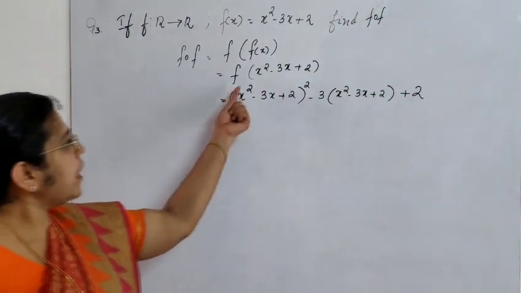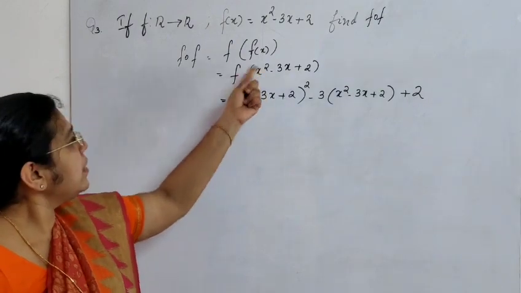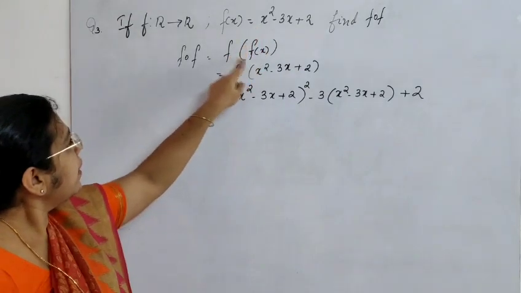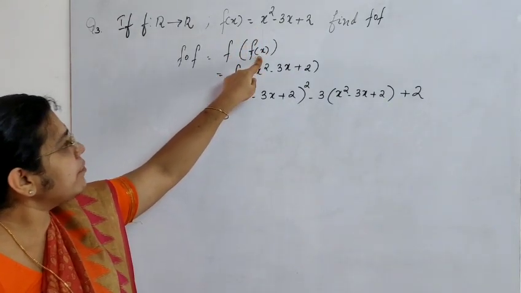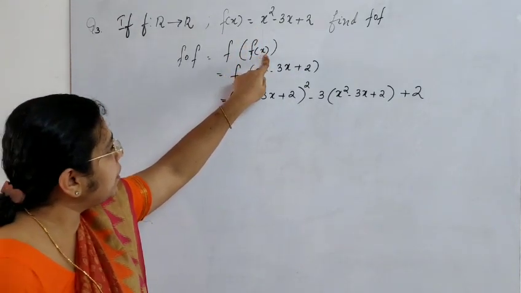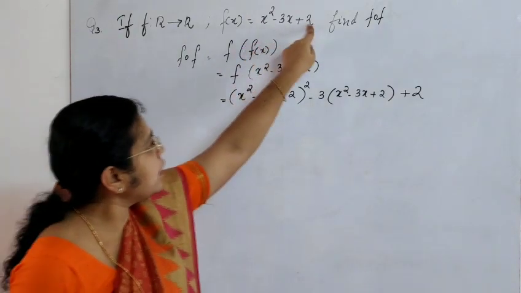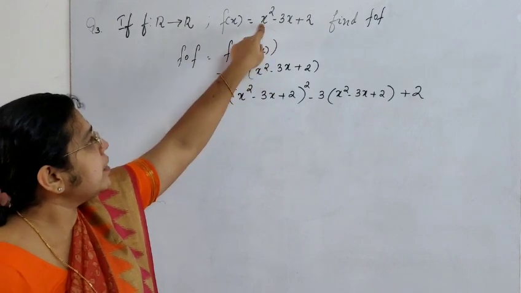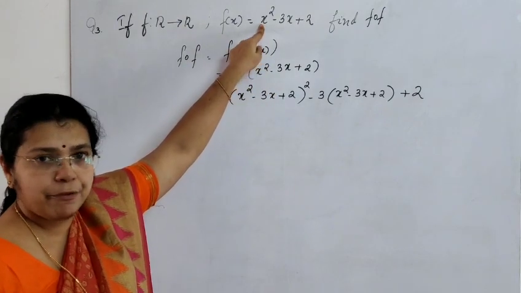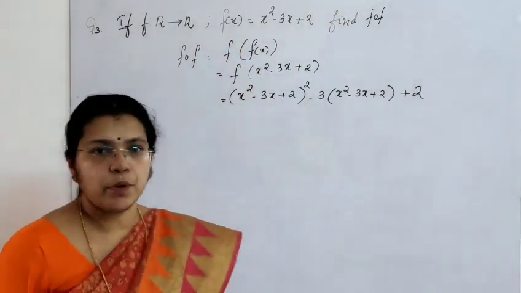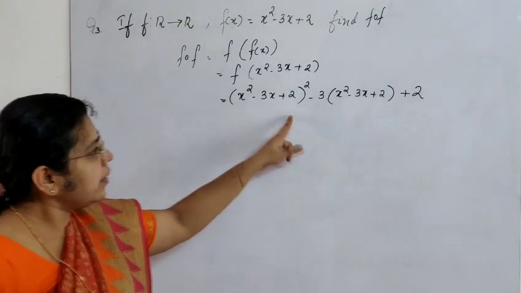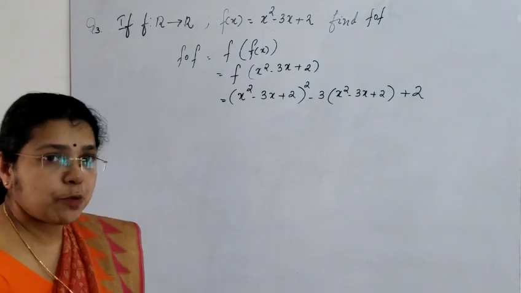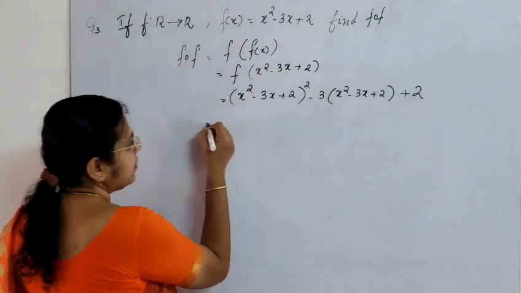So this is f of this expression, substituting this expression in the place of x. First I substituted for f of x; the entire expression of f of x comes here. Now this expression is replacing x in f of x. So I get an expression in this form. Now you can either leave the function in this form, or you can expand it and write the answer in the simplest form.